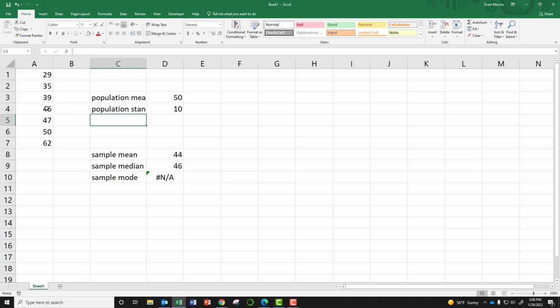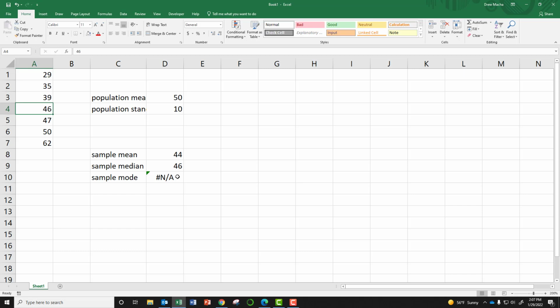But for example, if instead of 47, I measured the number 46 twice, then my sample mode would be 46 because 46 appears twice in this data set. Likewise, if I measured the value 35 two times, then 35 would be my sample mode. So you don't always have a sample mode if none of your measurements repeat.